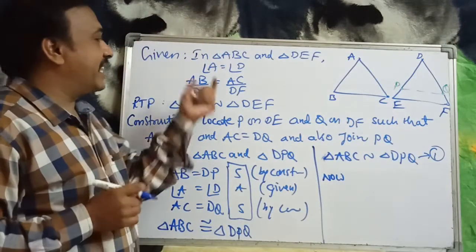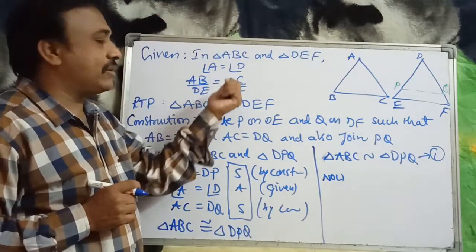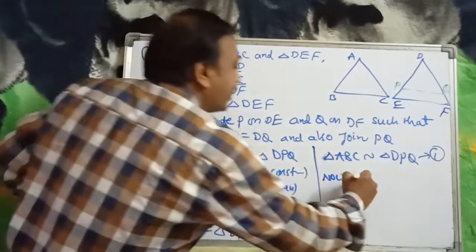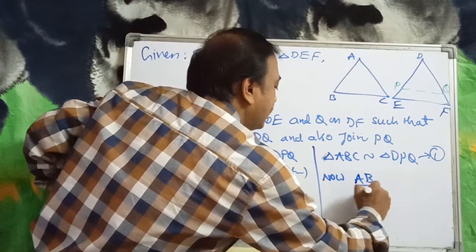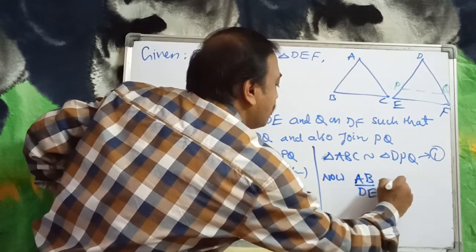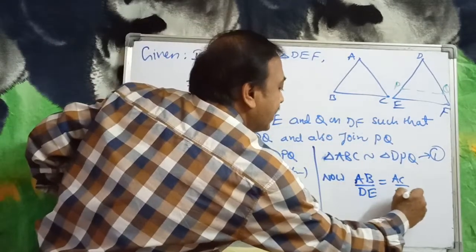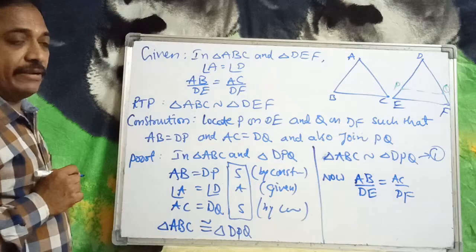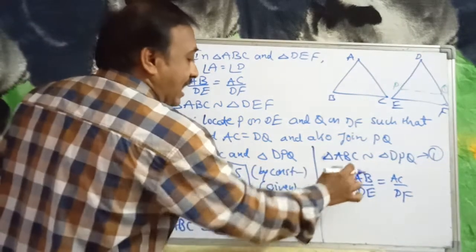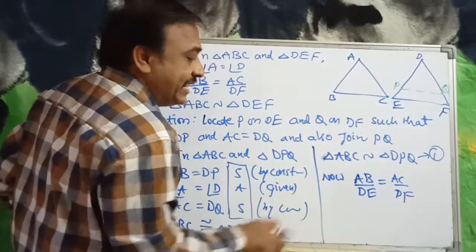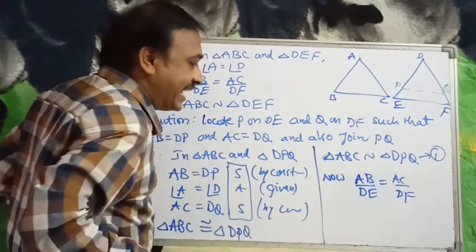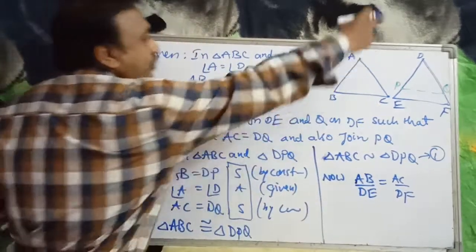Now, what is actually given in the question? AB by DE is equal to AC by DF. But according to our construction, AB is equal to DP, and AC is nothing but DQ.